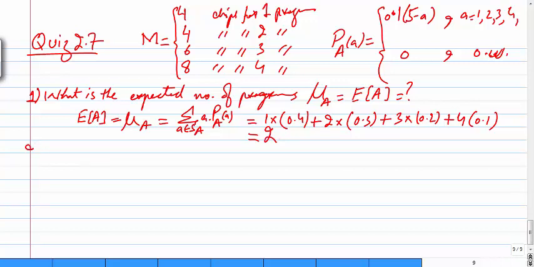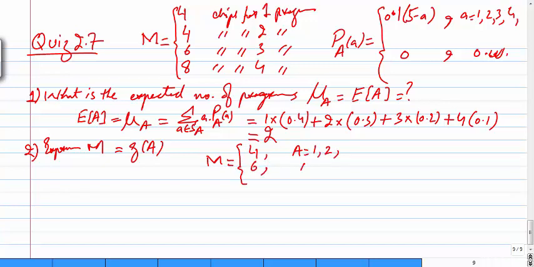Now the next question, question 2, is to express M equal to g of A. We use this information: capital M is equal to 4 when the value of a is 1 and 2, then 6 when the value of a is 3, and similarly 8 when a equals 4.